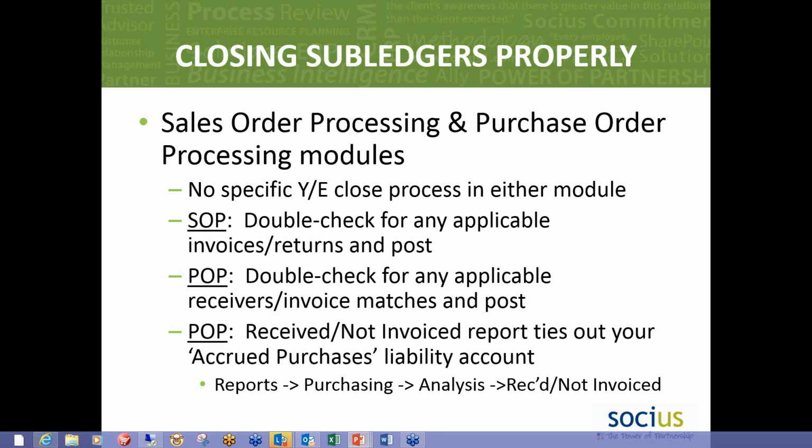Again, that report is the received not invoiced report out of purchase order processing, and you can get to that through reports, purchasing analysis, and received not invoiced. So keep in mind that is one report that you'll want to pay specific attention to as you reconcile back to your general ledger from the subledgers.